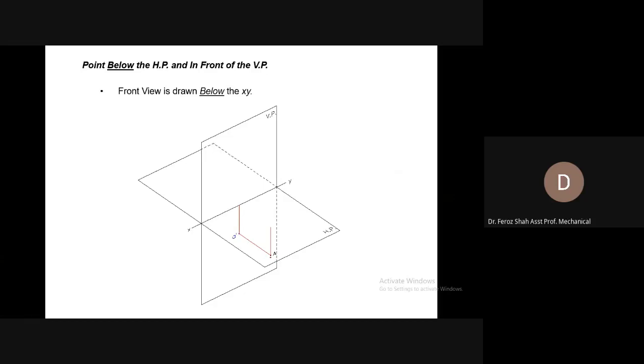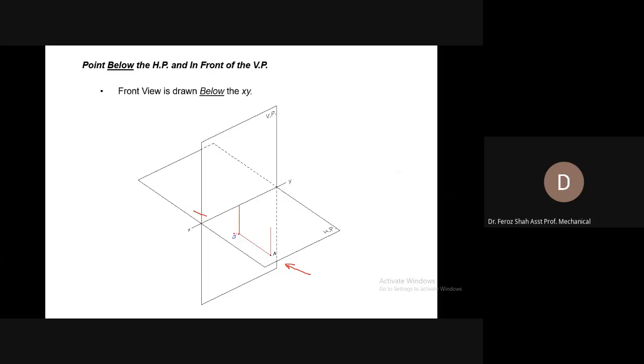Looking at this point from this side or from the rear side, its image would be drawn at the vertical plane. As always, the front view is drawn at the vertical plane.